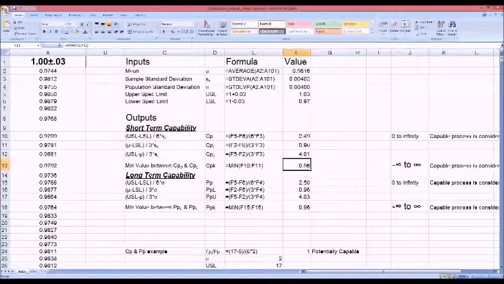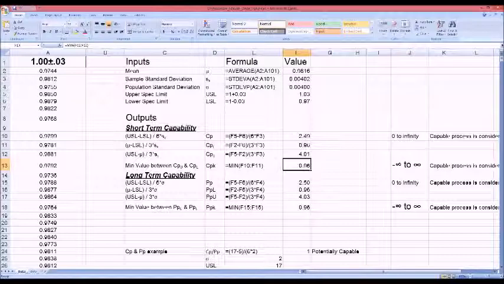Okay, now CPK takes both of those formulas, CPL and CPU, and says, what's the minimum value between those? So the minimum value is your CPL, that's 0.96. I mentioned CP is going to be greater than 0 to infinity. In the case of the CPK, you could actually have anything from negative infinity all the way to positive infinity.